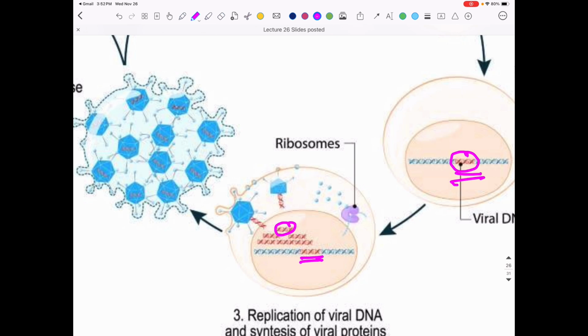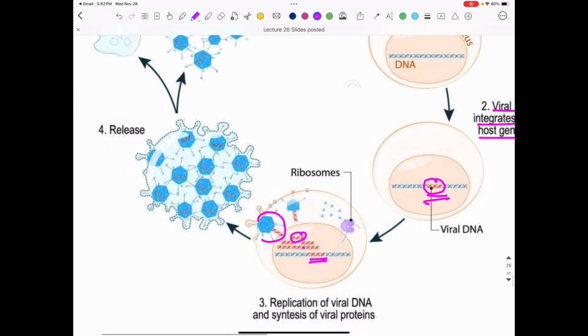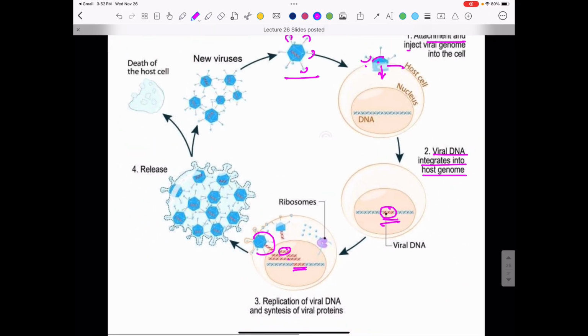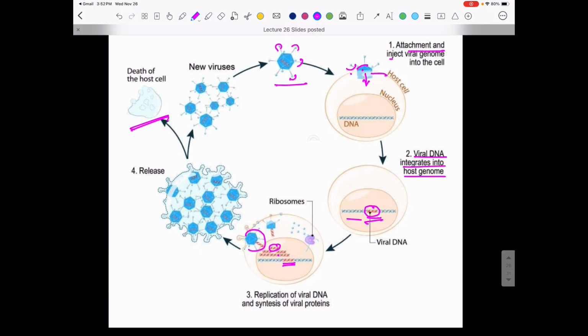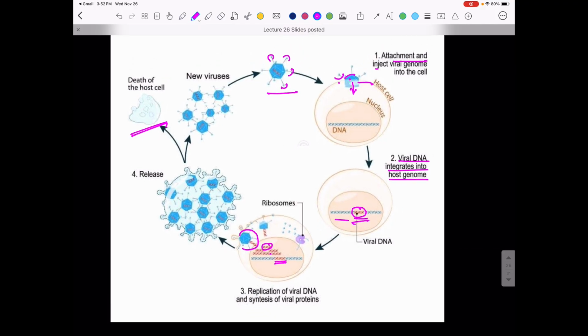So once the DNA and the protein coat are synthesized, they get assembled into the virus particles, and the virus particles can be released when the host cell is ruptured. And that's the reason the host cell dies. But the viruses can go and affect newer and newer cells, and finally they can attack many cells in the body and lead to death in some cases.